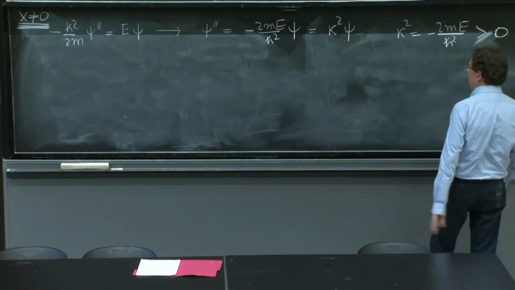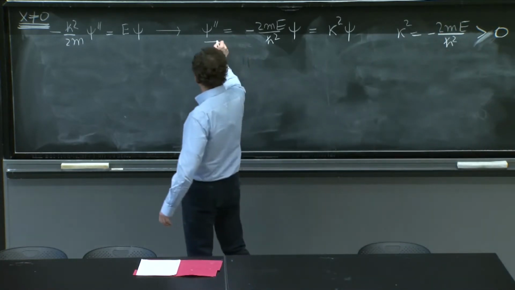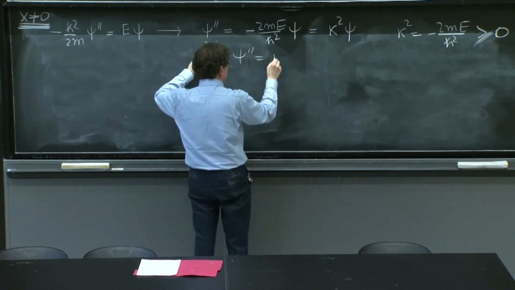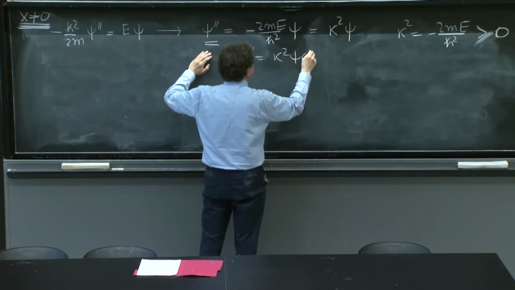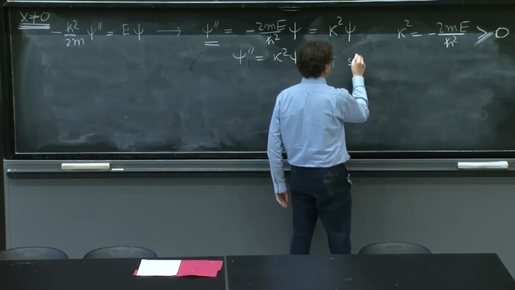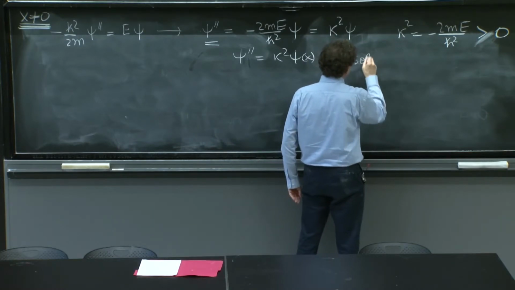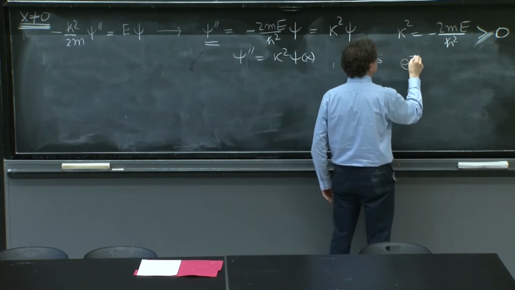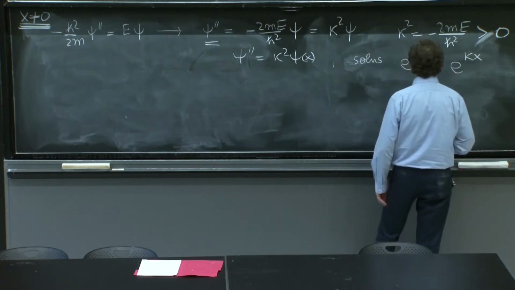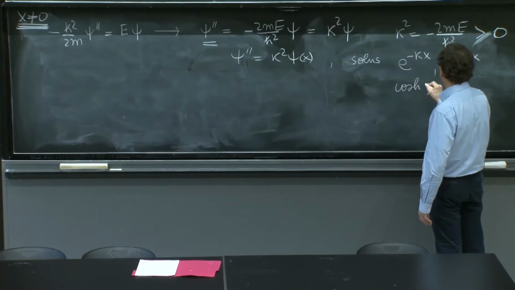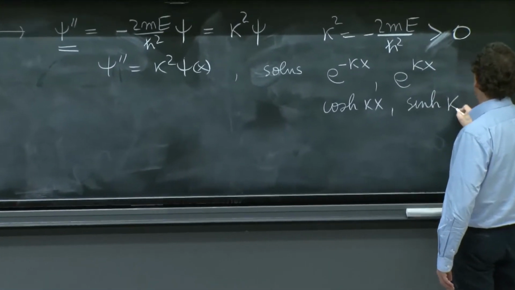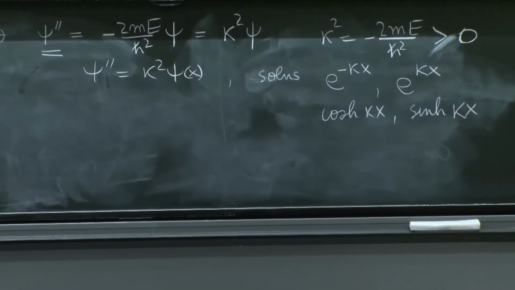Kappa squared is positive, and this differential equation is just this. I'll copy it again here. Kappa squared psi. And the solutions of this equation are e to the minus kappa x and e to the kappa x, or if you wish, cosh kappa x and sinh kappa x, whichever you prefer.